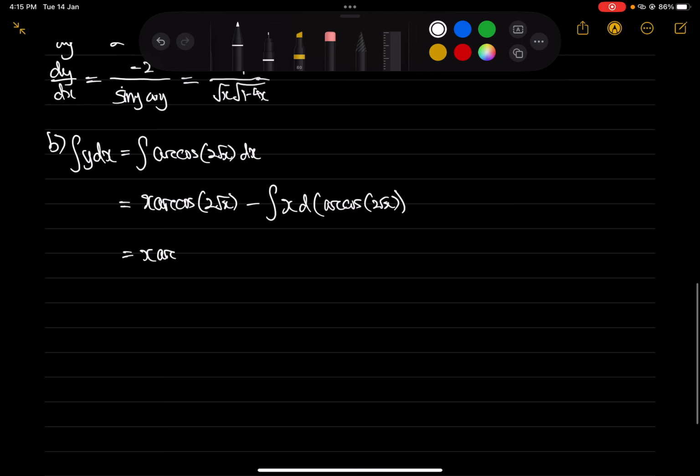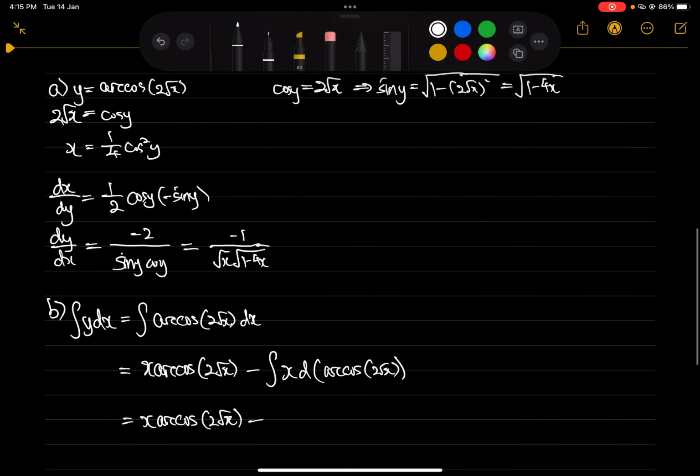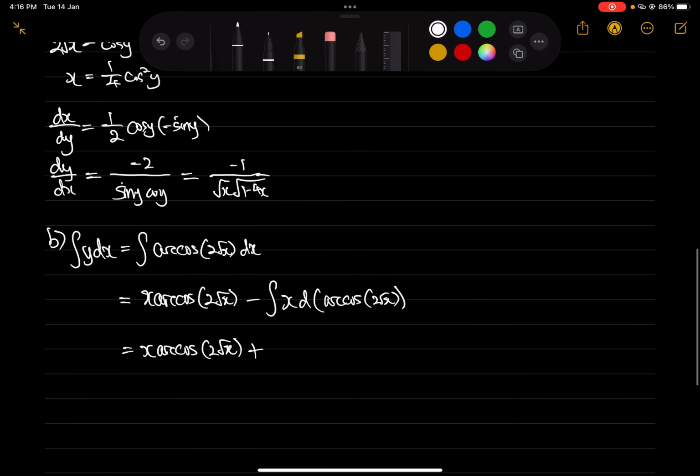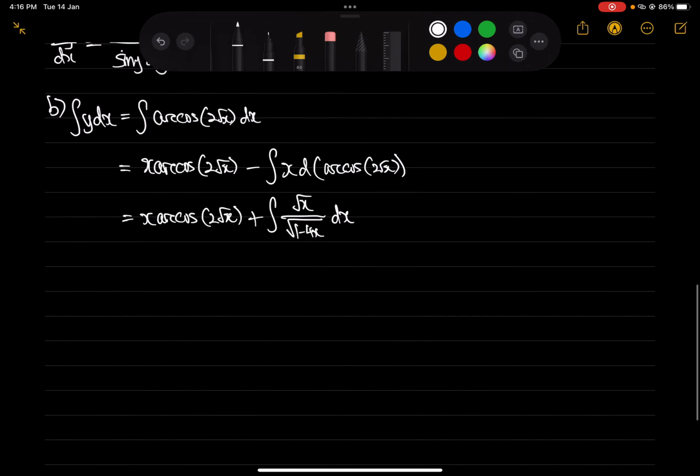Just basic by parts, anyone could do this. Minus, well, we've already differentiated y once, so we could just say this is root x over root 1 minus 4x dx because of part A, and that's it for part B. Very simple as well.